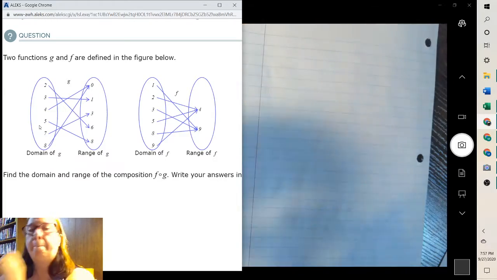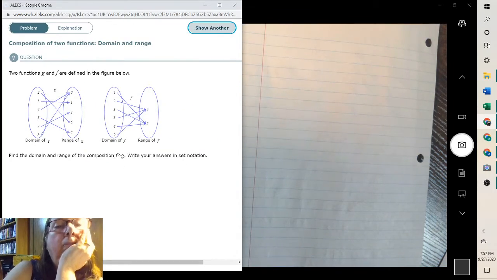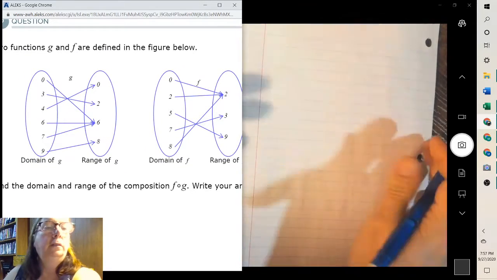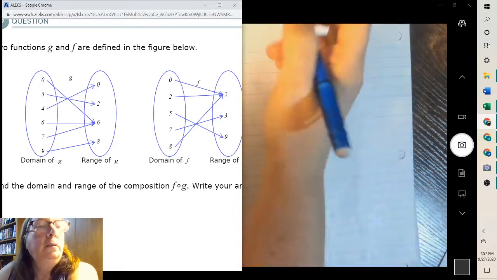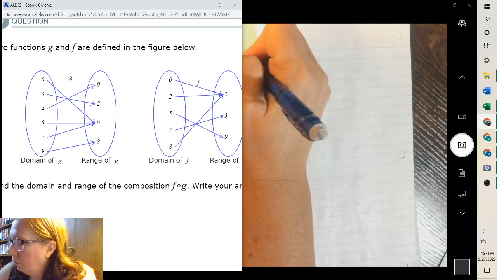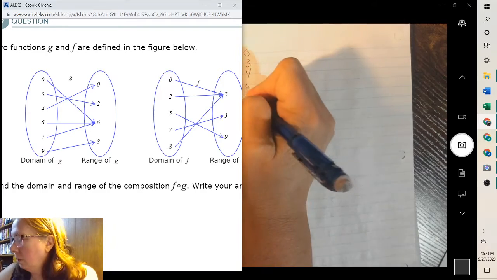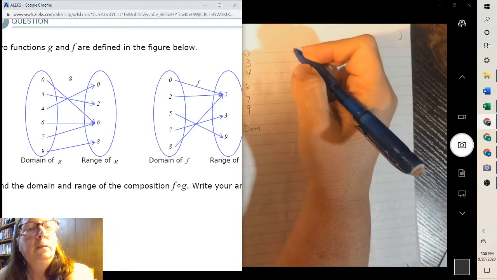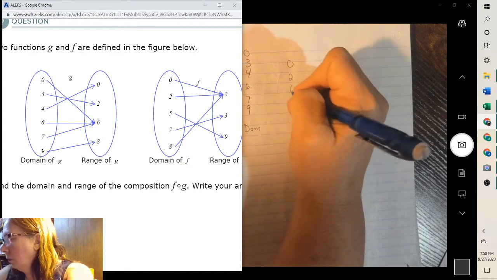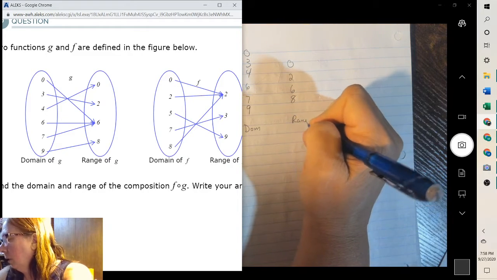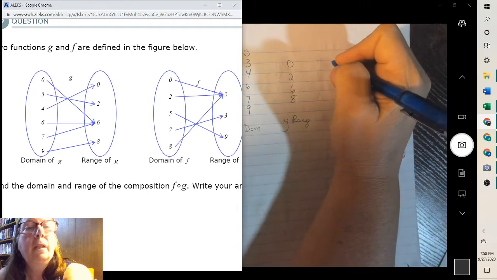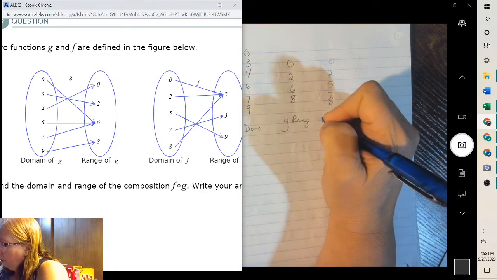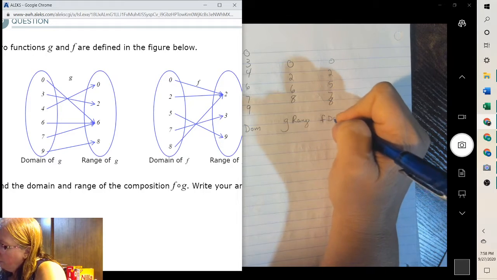One more. 0, 3, 4, 6, 7, and 9 is the domain of G. 0, 2, 6, 8 is the range of G. 0, 2, 5, 7, 8 is F's domain.